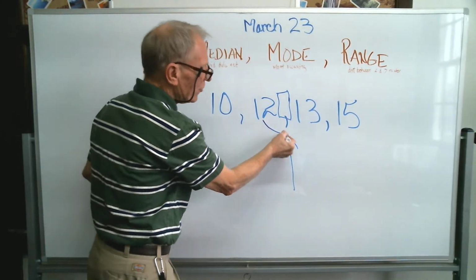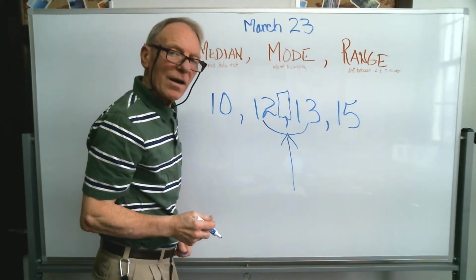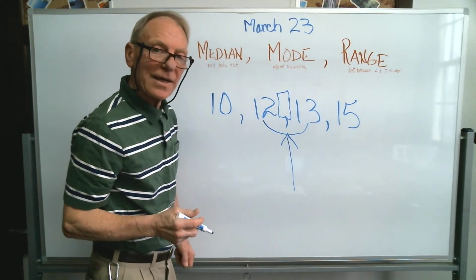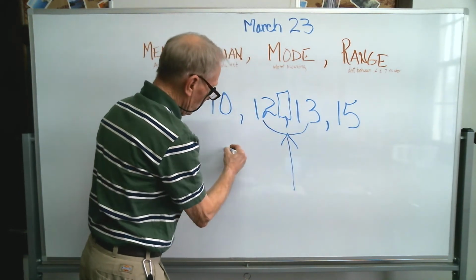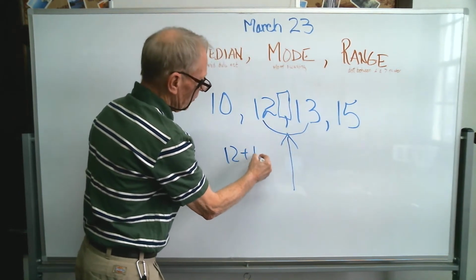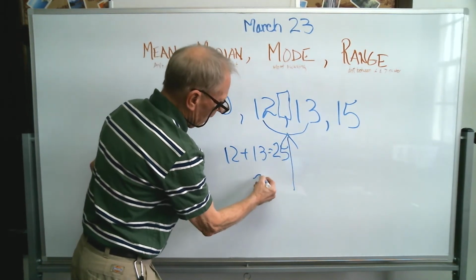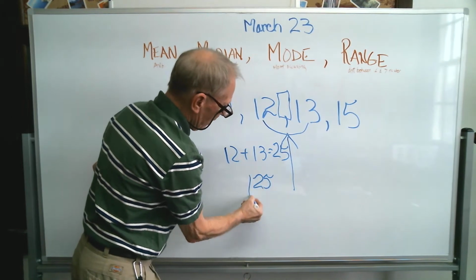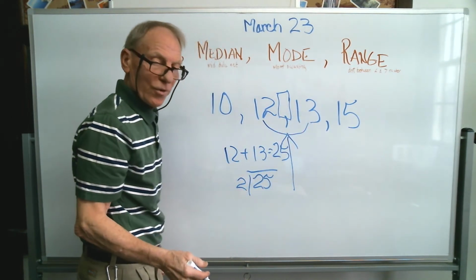You take the two numbers that represent the middle of that data set, you add those together. So you have 12 plus 13, and that equals 25. You take the 25, we have two numbers, we're going to divide it by 2.